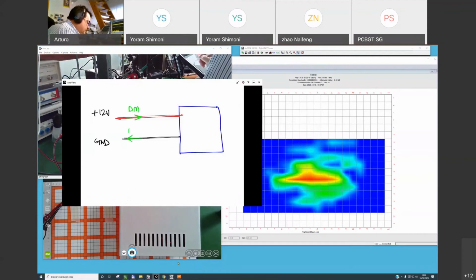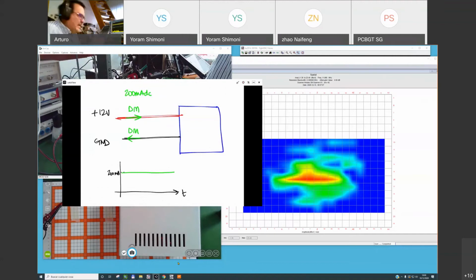For example, I don't know exactly how is the consumption of this circuit, but consider I am consuming, I don't know, 200 milliamps DC. Remember, this is DC. So if you plot this current in your scope, it would be something like this.